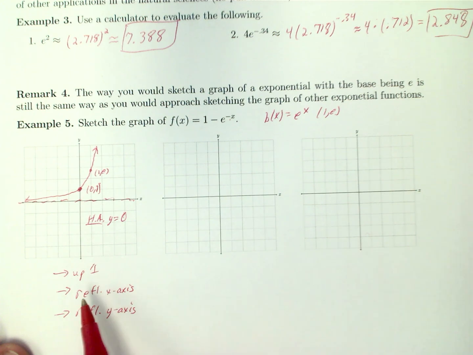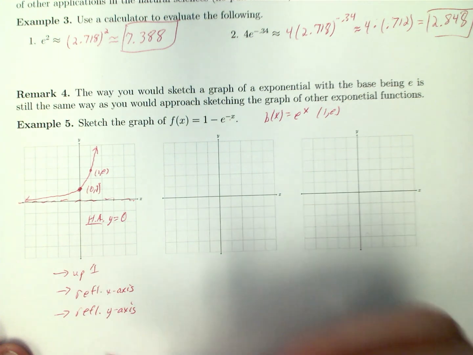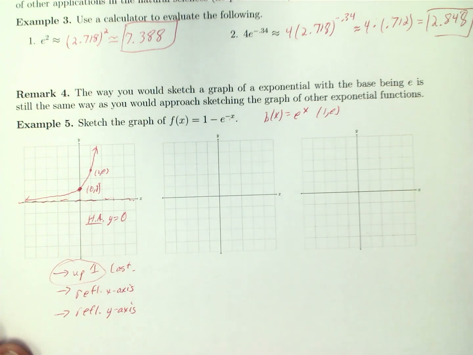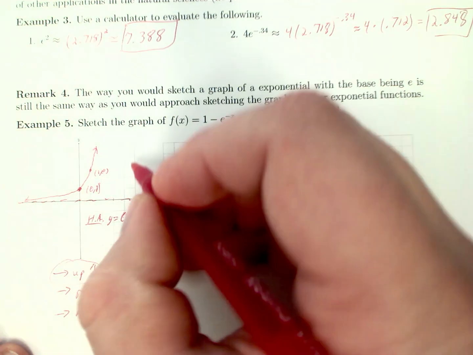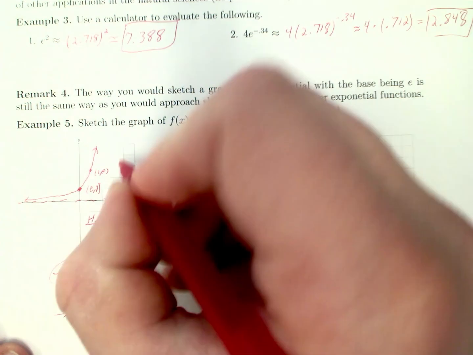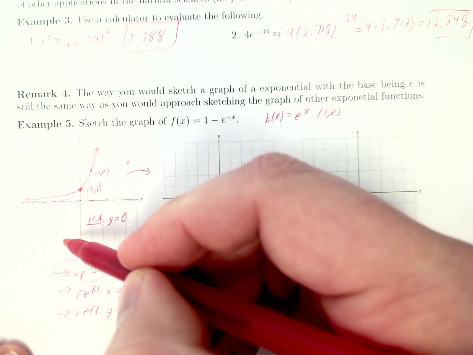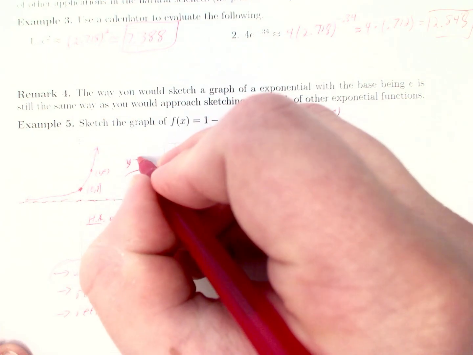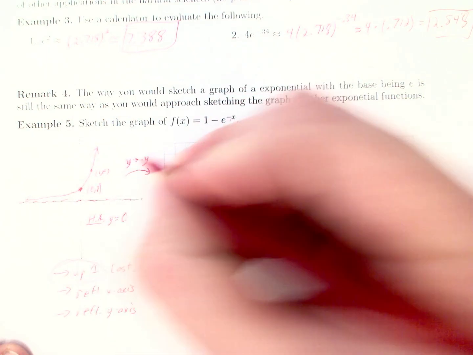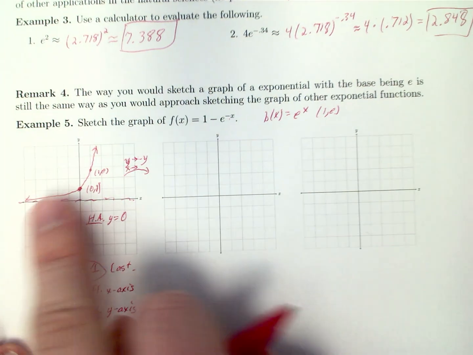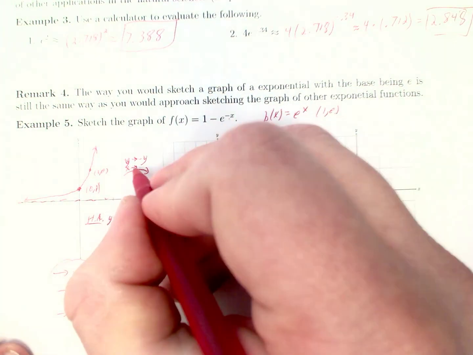Okay, and what type of transformation do we do last? Well, we always do shifts last. So we're going to deal with the reflections first. Reflecting about the x-axis flips over, so we take our y values and change them to negative y, and because we have a reflection about the y-axis, we negate the x values too.